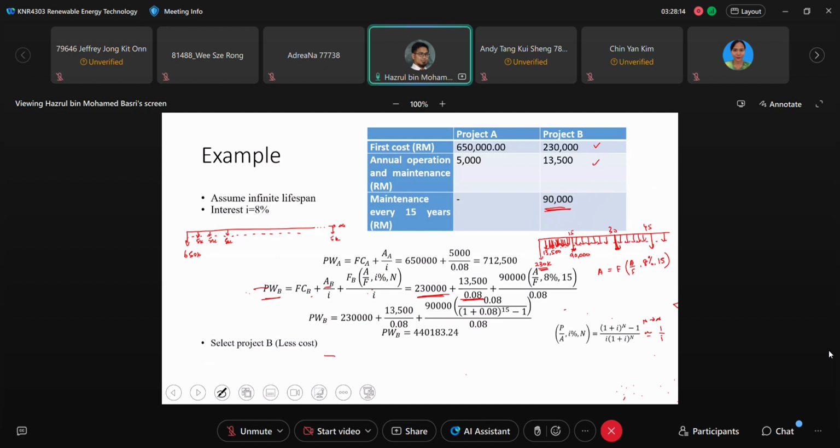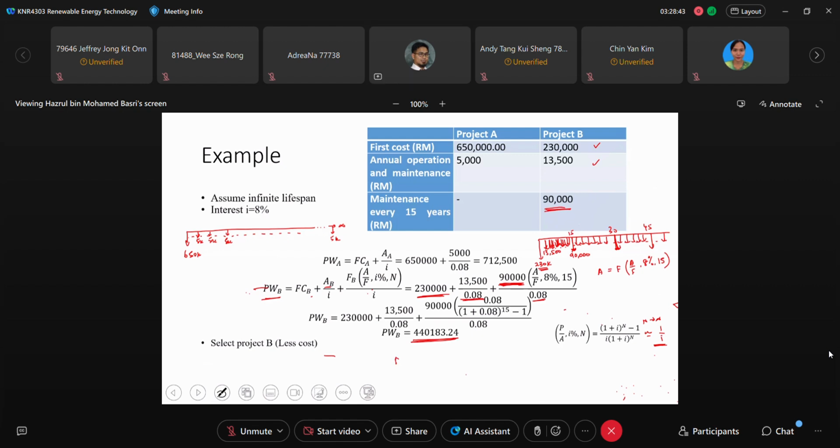So we know that the concept is whenever it becomes infinite, we need to divide by I. So we have 90,000, A over F, 8% for 15 years, divided by 0.08. We can proceed with the calculation and we get the present worth value for project B: 440,183 ringgit 24 cents.